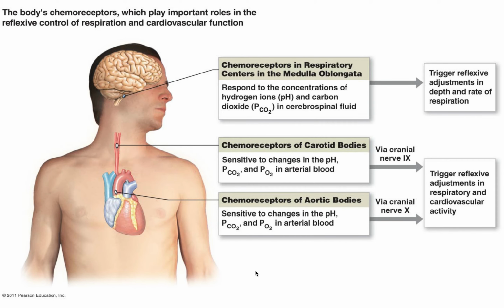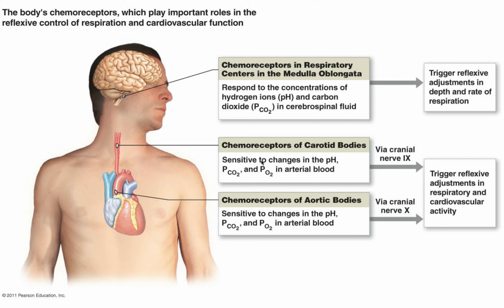Chemoreceptors respond to chemicals, and there's a couple different ones. One responds to the pH levels of blood and also the PCO2 levels. So we have these in our medulla oblongata, and so say for example the PCO2 level gets too high. That means there's too much carbon dioxide in our blood. Then we're going to activate the sympathetic nervous system, which would increase our breathing rate, which would help us to get rid of that extra carbon dioxide.